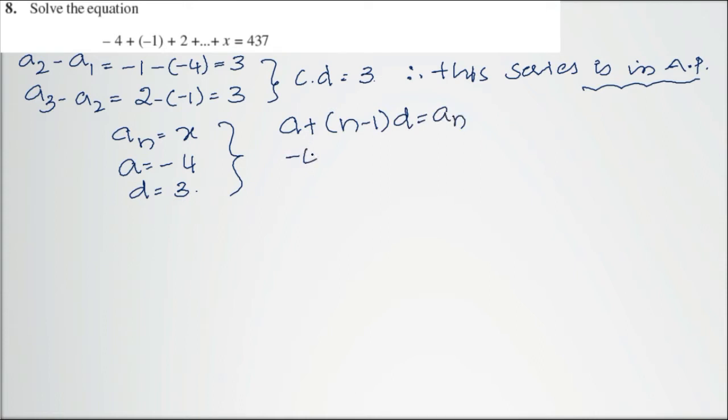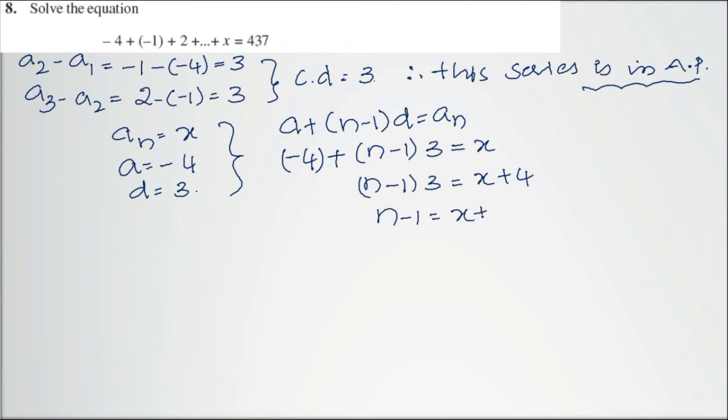The first term is -4 plus n minus 1 multiplied to the common difference 3, which is equal to x. So we get n minus 1 multiplied to 3 equal to x plus 4. So n minus 1 will be x plus 4 divided by 3. Therefore, the value of n will be x plus 4 by 3 plus 1. On simplification, we get it as x plus 7 divided by 3. This will be the value of n.